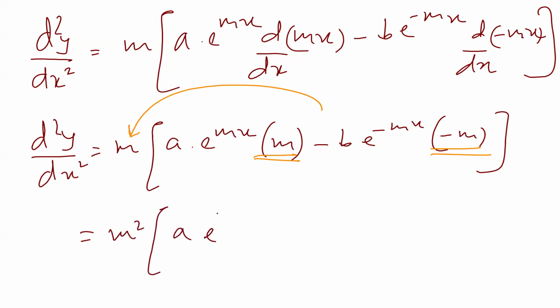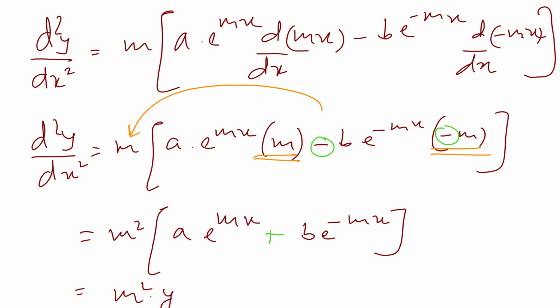So this will be a e raised to mx, and at the same time minus into minus will be plus over here, b e raised to minus mx. Now just tell me what is the value of the square bracket. Come on, tell me. The value of the square bracket is y. Correct. Good.